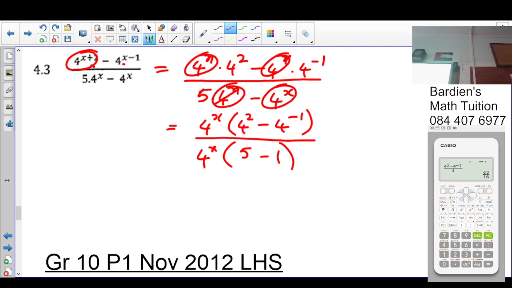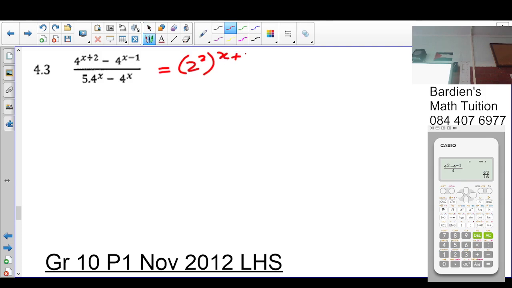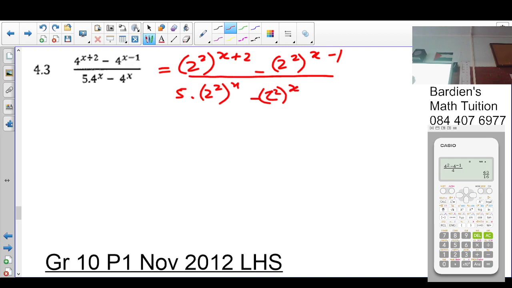Anybody else? Yes? So you can also write it like 2 squared. If you had gone 2 squared, that would have been 2 squared raised to the x plus 2 minus 2 squared raised to x minus 1, over 5 times 2 squared raised to x minus 2 squared raised to x.